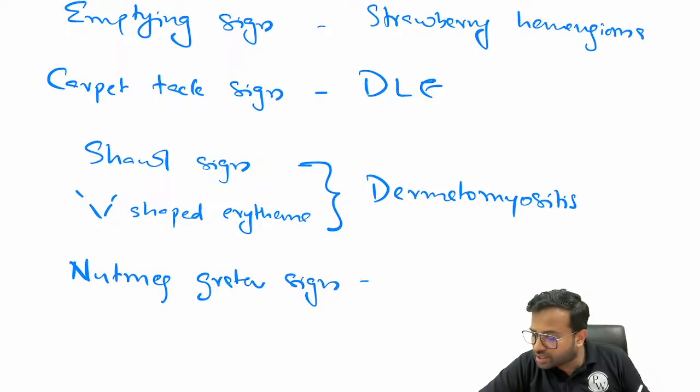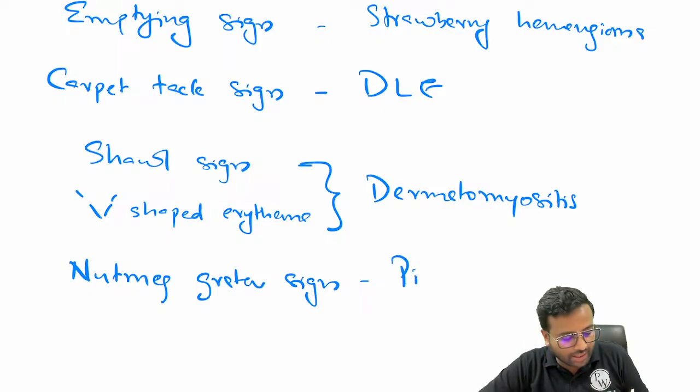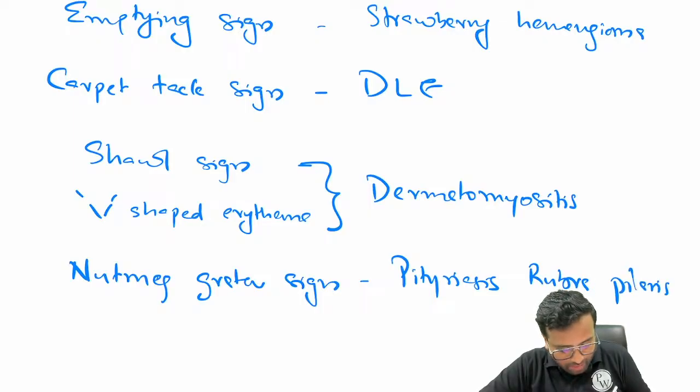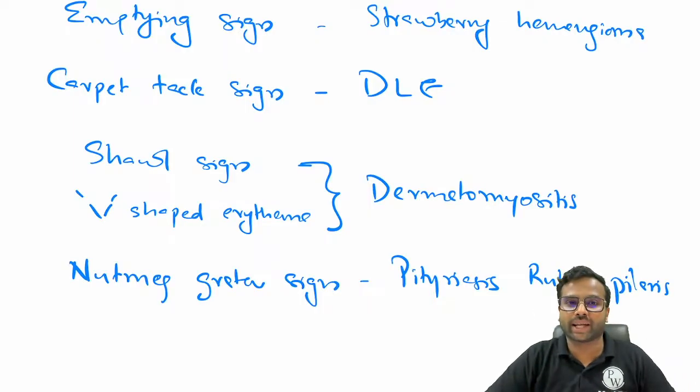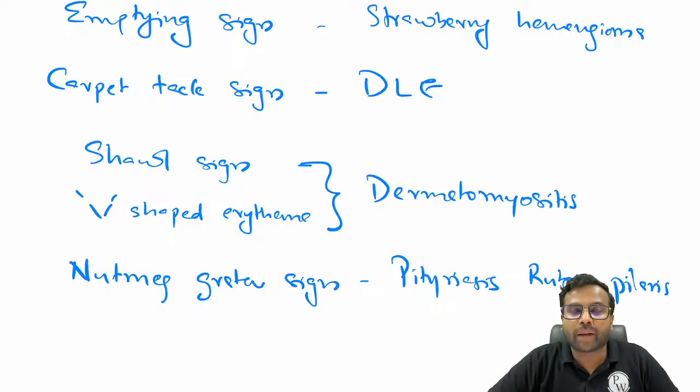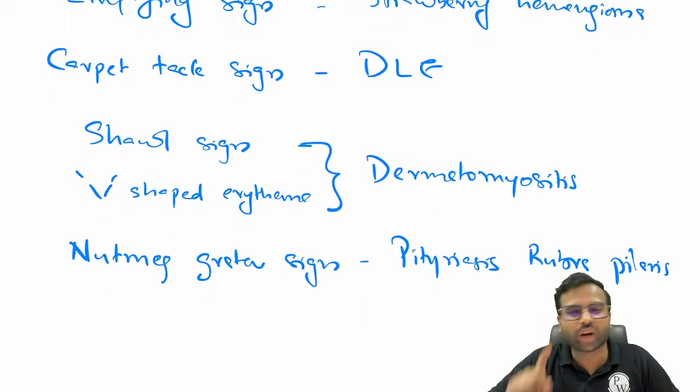So in which disease do you find all these things? Yeah, so this can be seen in pityriasis rubra pilaris.